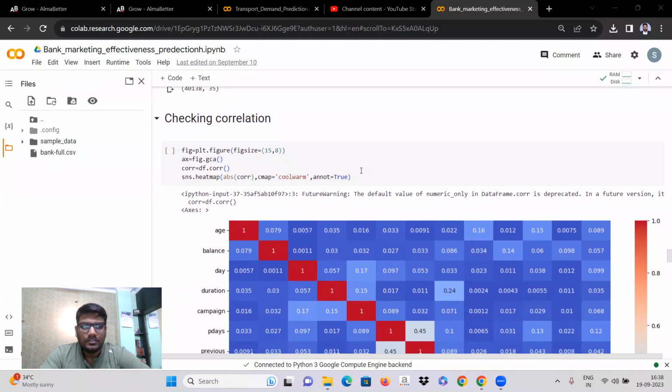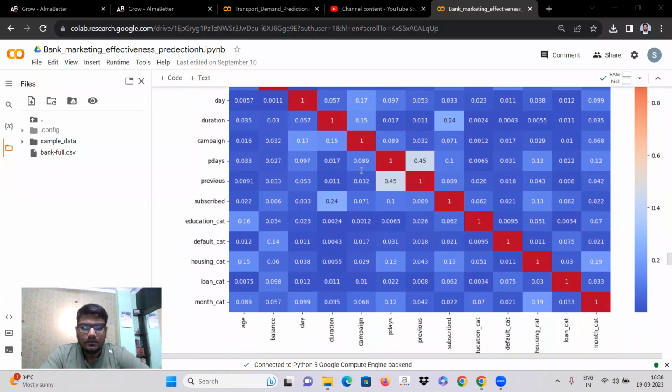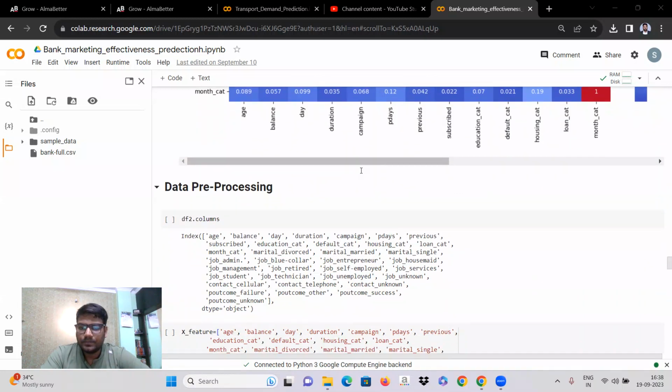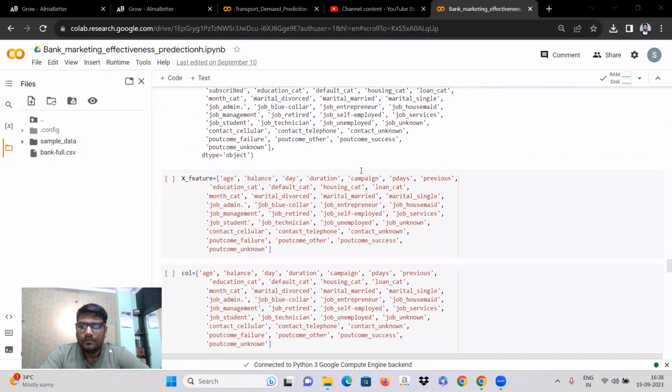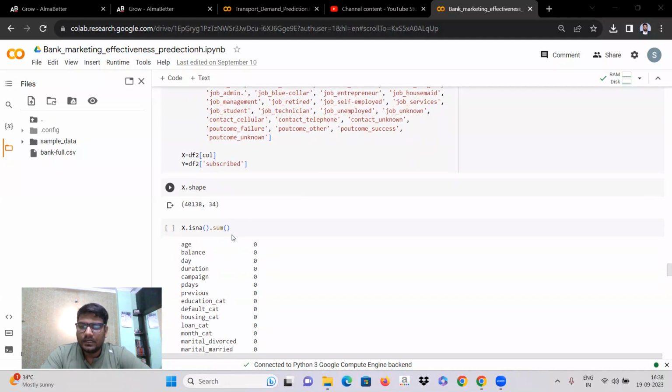So after checking this correlation, for pre-processing, I have taken all these columns as the X feature, and those customers who subscribe to the term deposit, I'll be taking as the Y categorical variable.